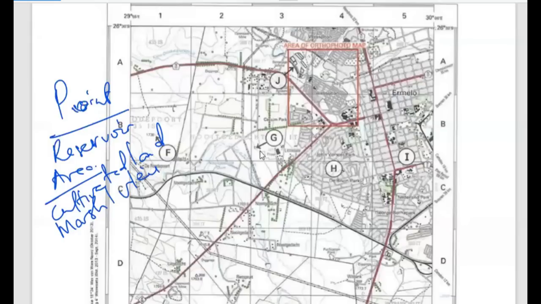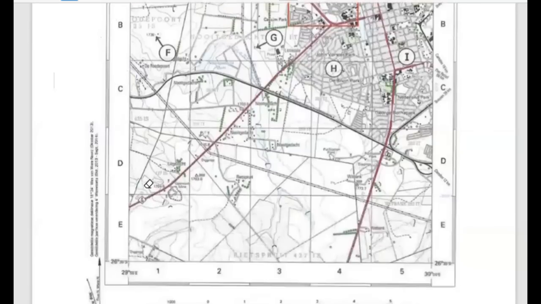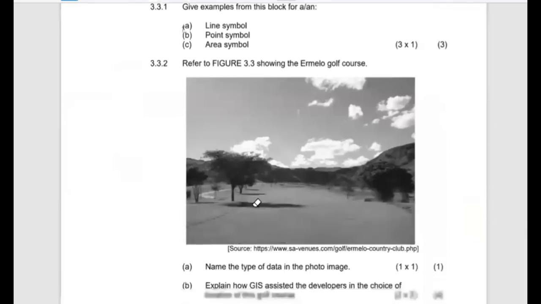Those are area or polygon features on the map, right? So basically that is how you identify the features. According to the presentation of features on the topographic map in vector format, we have line symbols, point symbols, and area or polygon symbols on the map. We move on to the next question.